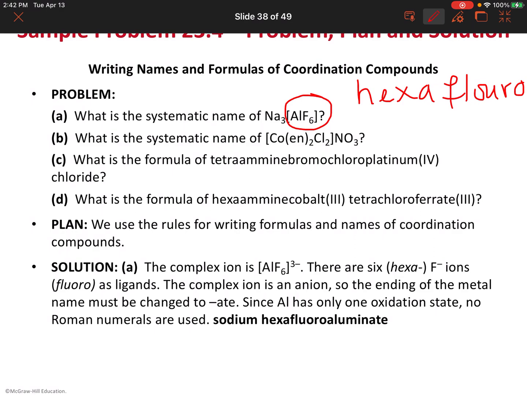If it is a complex anion, aluminum will end as aluminate. Hexafluoroaluminate. Aluminate is the complex anion, and at the front we have sodium. So the correct answer would be sodium hexafluoroaluminate.